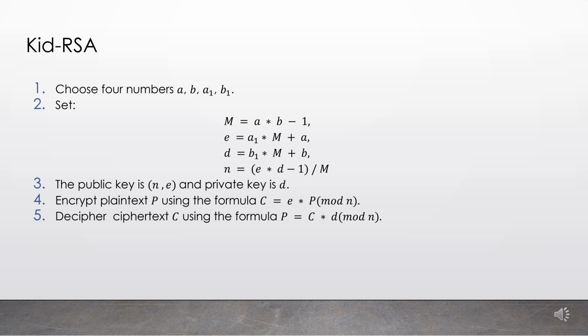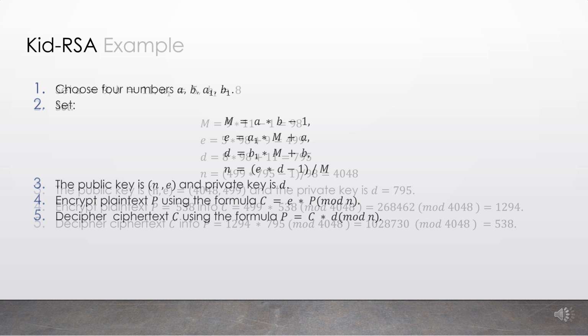After completing these steps, you should now have your public key, which is N and E, and your private key, which is D. With these 2 keys, you can first encrypt a plaintext P, or any number, using the formula C, or ciphertext, equals E times P mod N. And with your ciphertext after step 4, you can decipher it and revert it back to plaintext using the formula P equals C times D mod N.